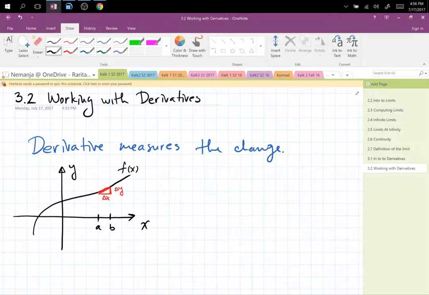So we can use the derivative to show that a particular function is increasing or decreasing. We can show something called concavity, which we are going to visit in chapter 4.